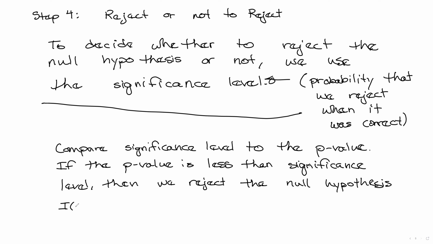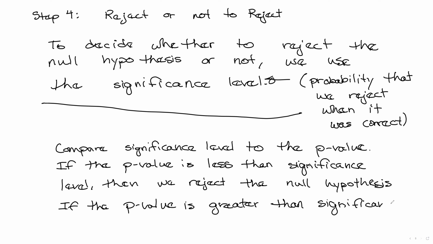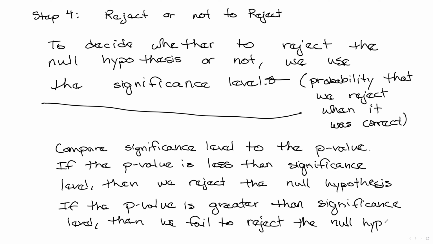If the p-value is greater than the significance level, then we fail to reject. So the significance level forms like a baseline for where we decide to reject or not.